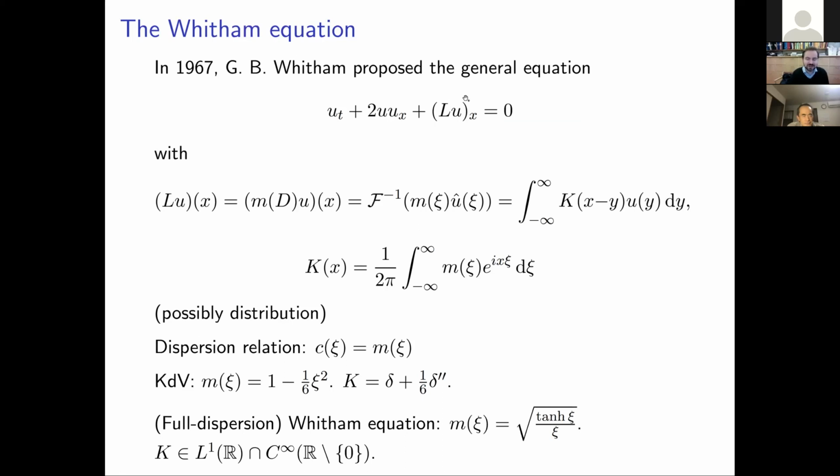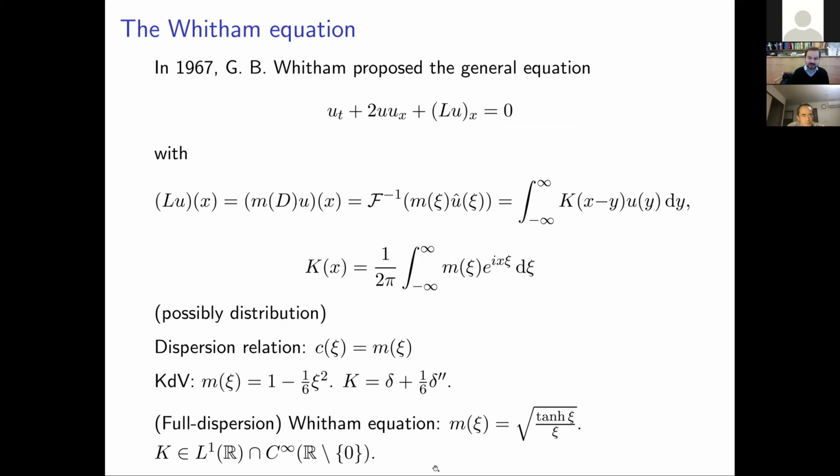Okay, so this is the general Whitham equation, and then he also suggested a specific one to match the water wave problem, where you use the dispersion relation from the water wave problem. Now there's no T here, so I'm looking at the case of pure gravity waves, zero surface tension.